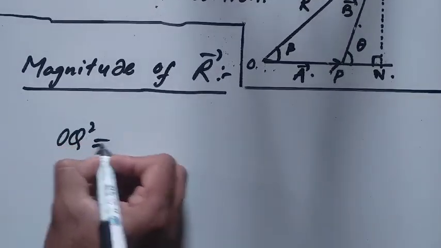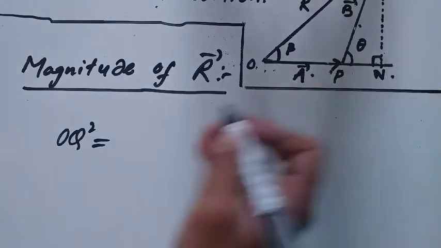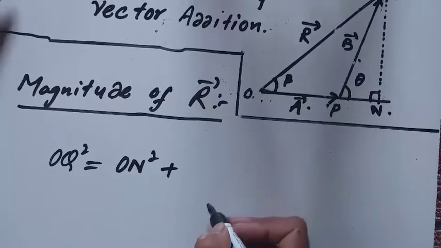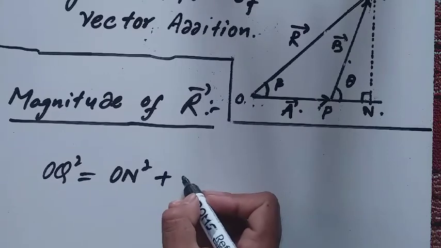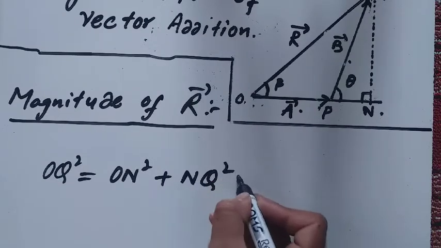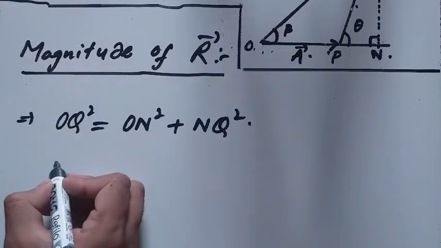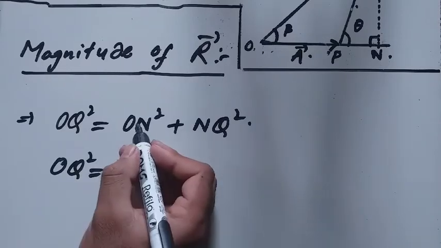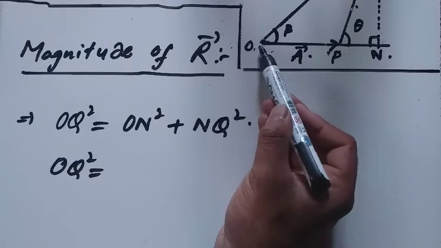OQ square is equal to base square, that is ON square. Now it is from O to N. ON square plus this perpendicular square, that's NQ or QN square. All right. Now I can write OQ square is equal to ON square.